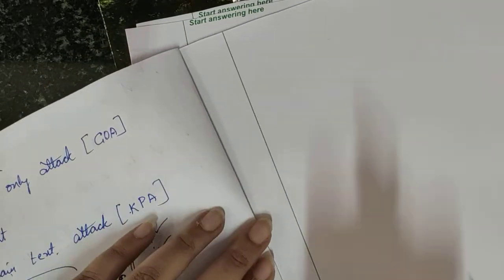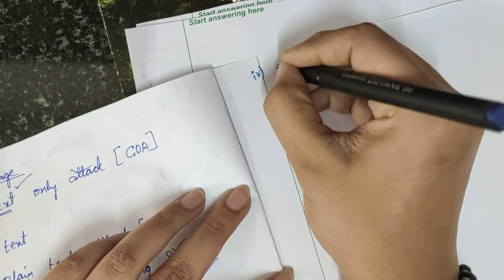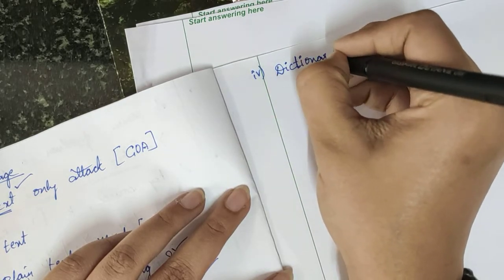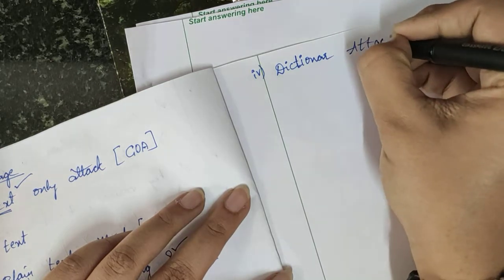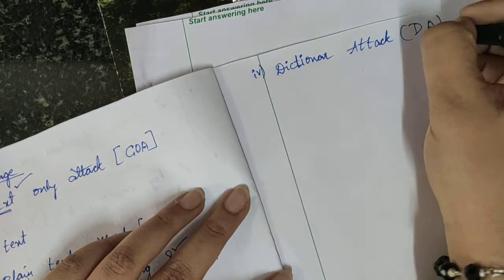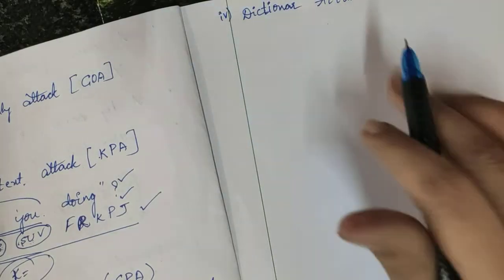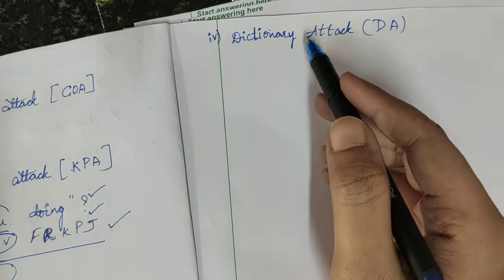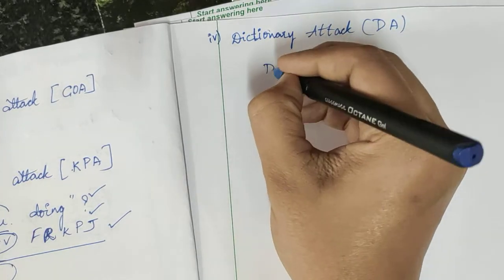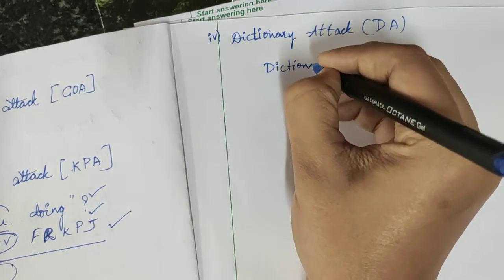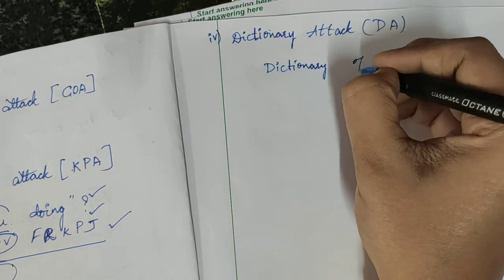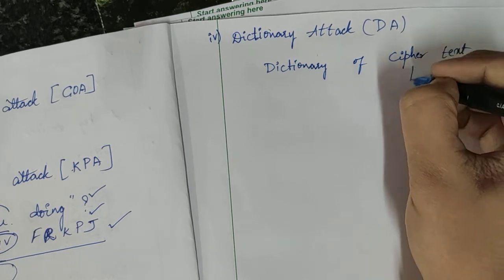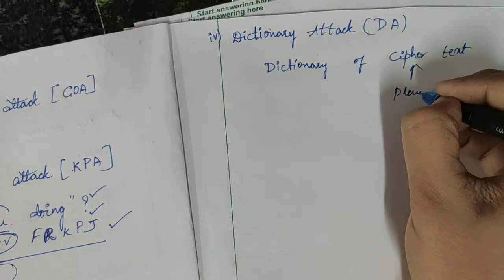Okay. The next one is dictionary attack. I can represent that as DA. In this dictionary attack, the attacker builds a dictionary of ciphertext and corresponding plain text.